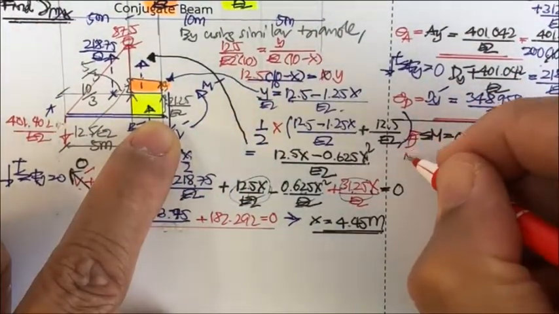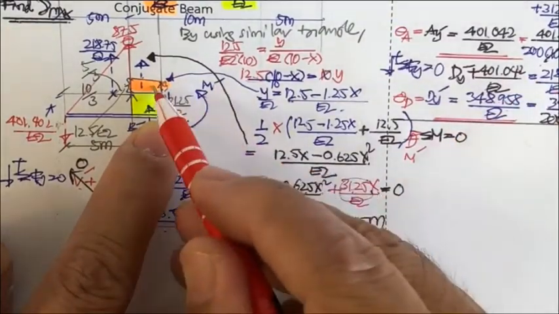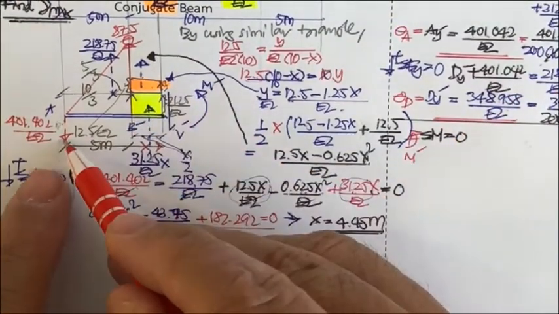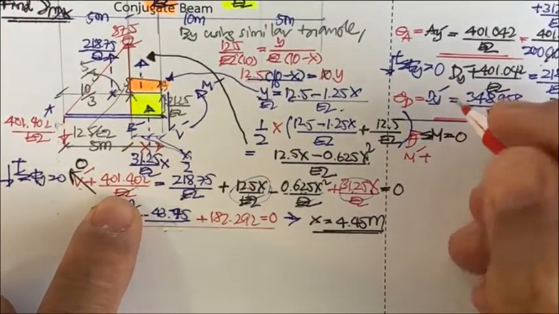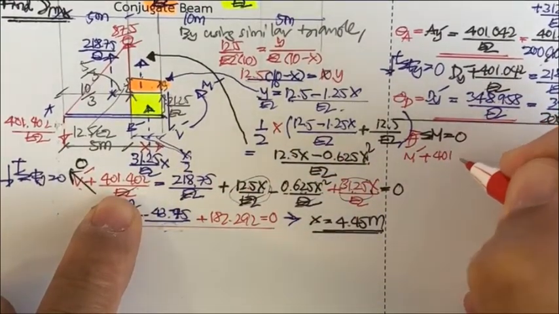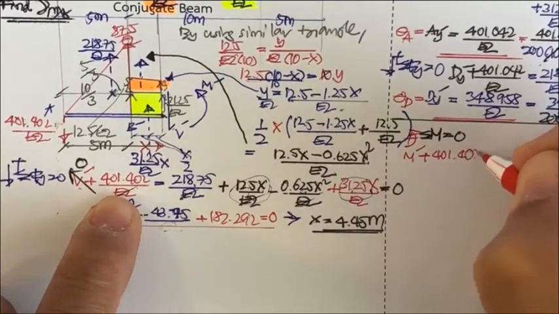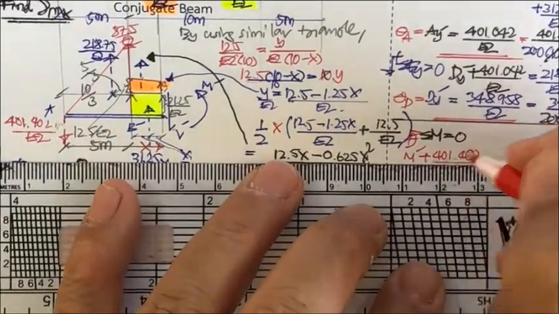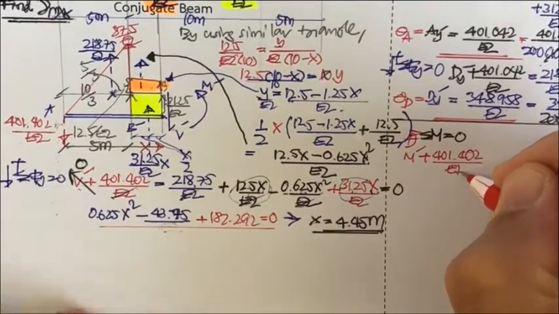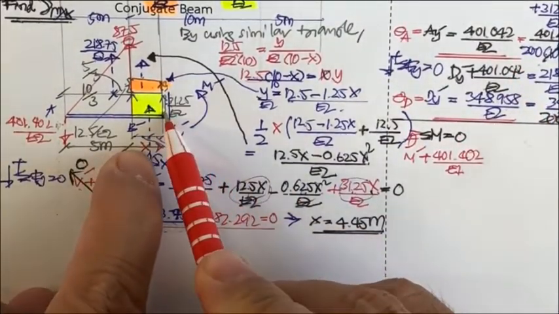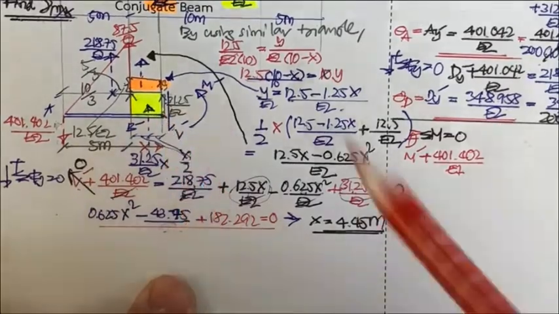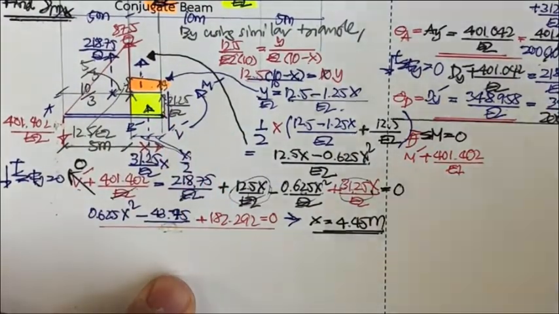So we have M palm rotate, this one is going to rotate the same. So follow this, just plus 401.402 divided by EI, and this time is here, this is 4.45, this is 5, so it's going to times.